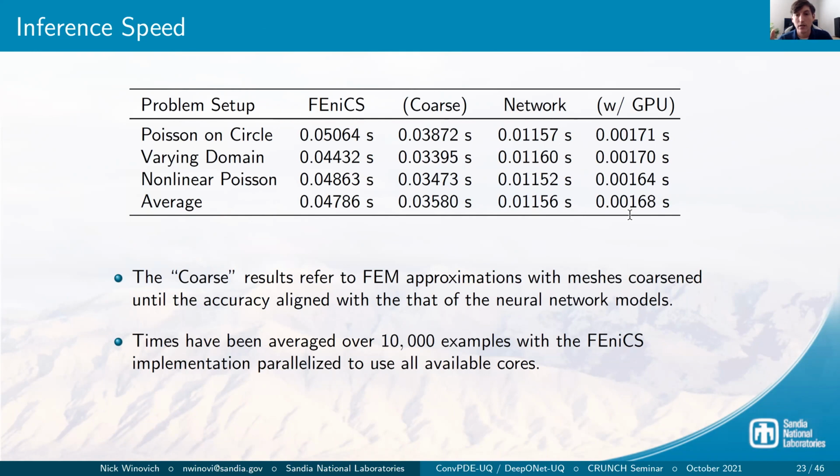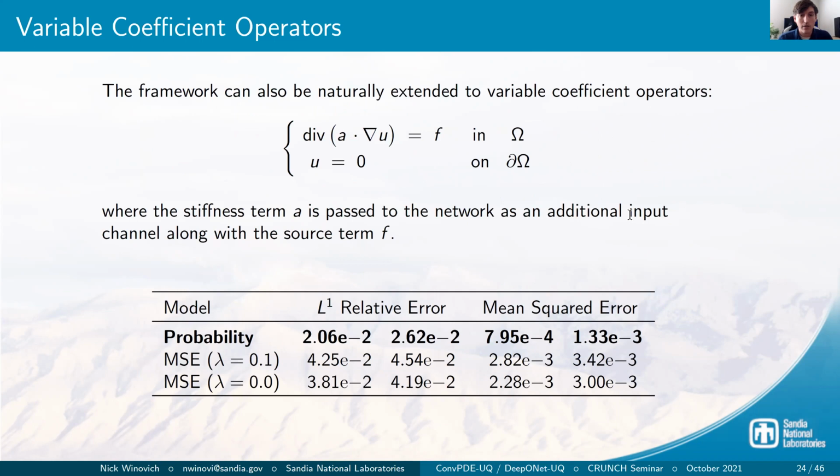And this is again because we have offloaded training to this offline one-time procedure, and that enables us to perform inference very fast. And then just quickly, I'll mention that you can also use the same architecture with multiple terms, like an A and an F, just by concatenating the A and F as the 2 channels of an input, and you don't have to adjust the network architecture at all.